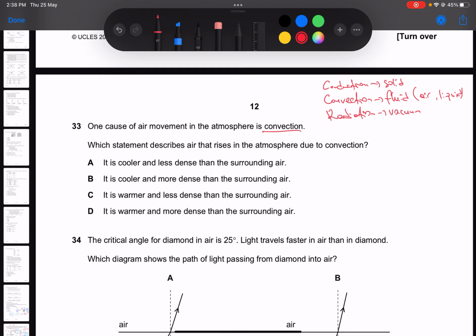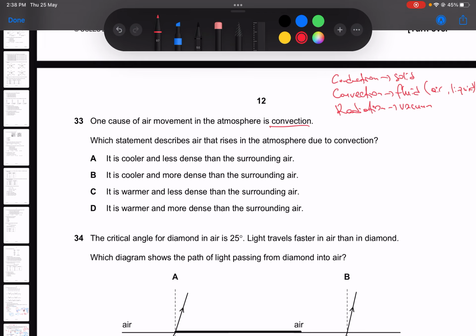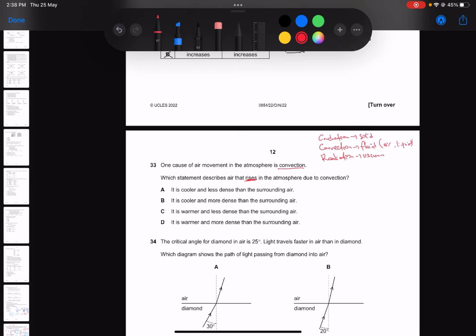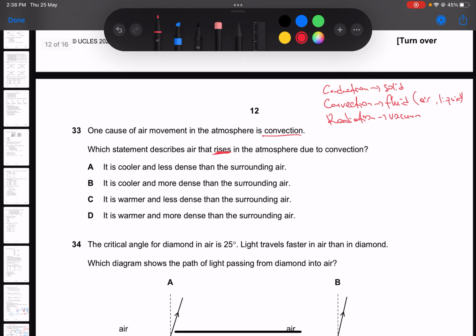Okay, which statement describes air that rises in the atmosphere due to convection? So, rising air is going to be hot, right? Hot air will rise. Cold air will sink, guys. Hot air will go up in elevation. Cold air will go down because cold is more dense, hot is less dense, actually, okay?